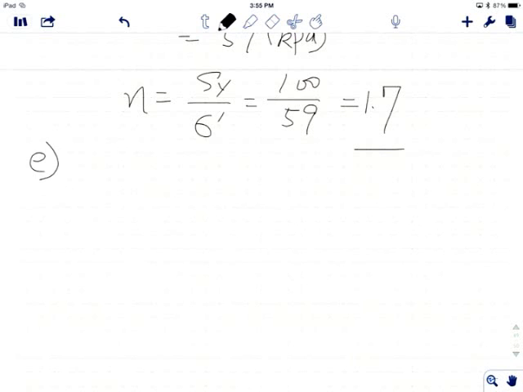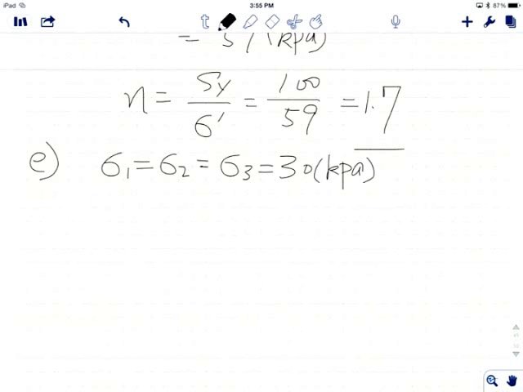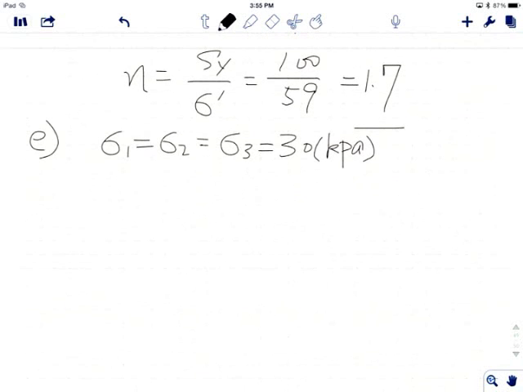Because it has the same stress in all directions. The reason is because it has a stress in all 3 directions.